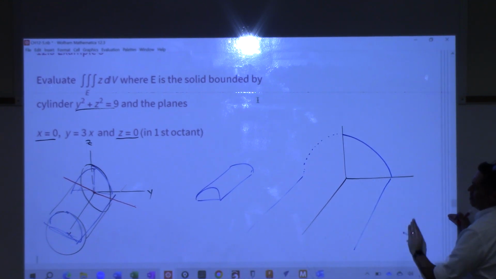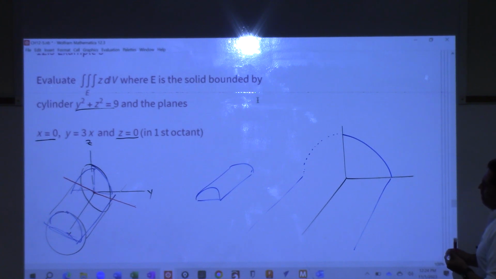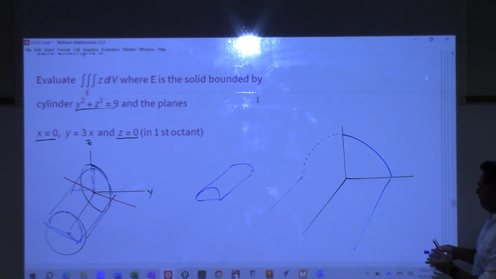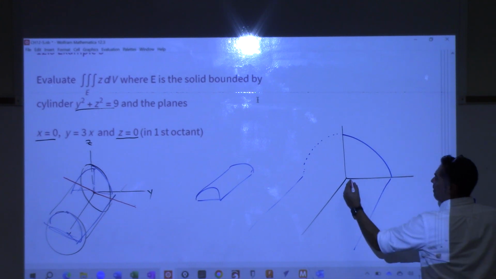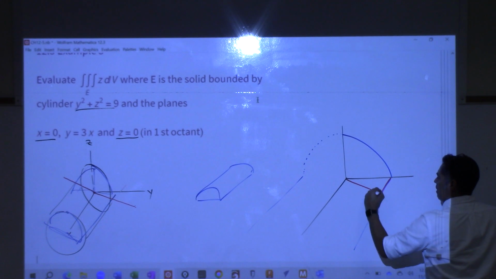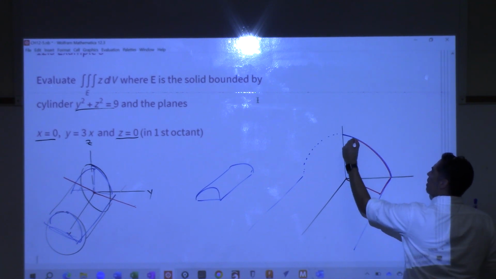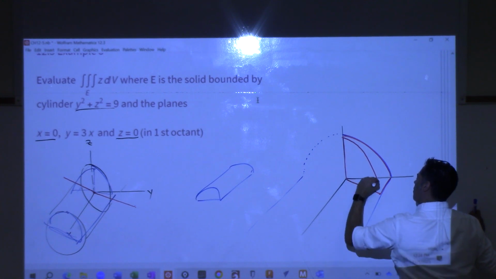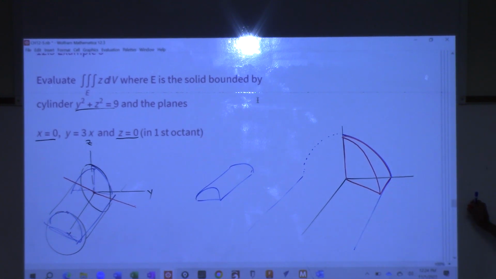This thing curves over, but we're cutting it off on the bottom, and then we have this line that comes through, and the plane that comes through. When that plane comes through down here, it cuts it. And so what we get is something that looks like this.